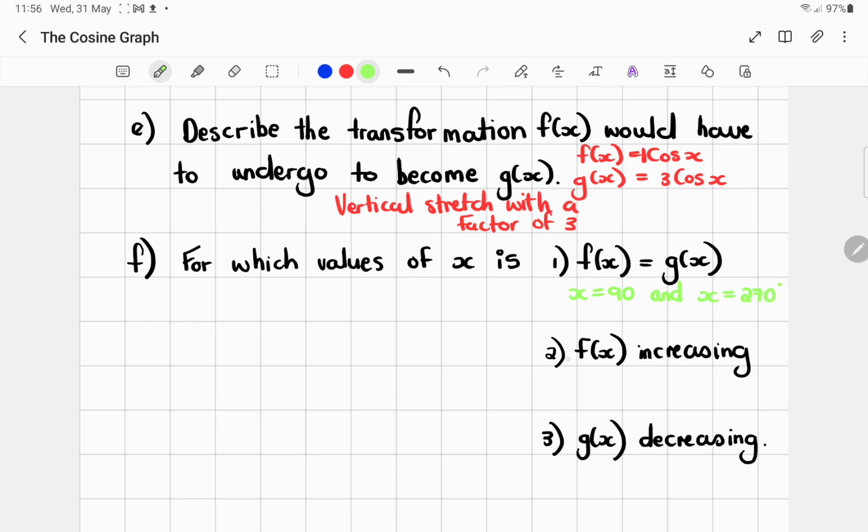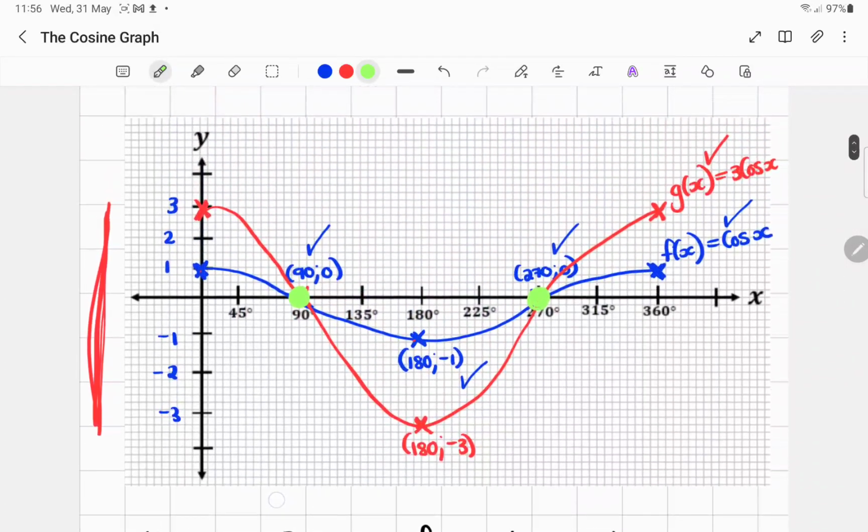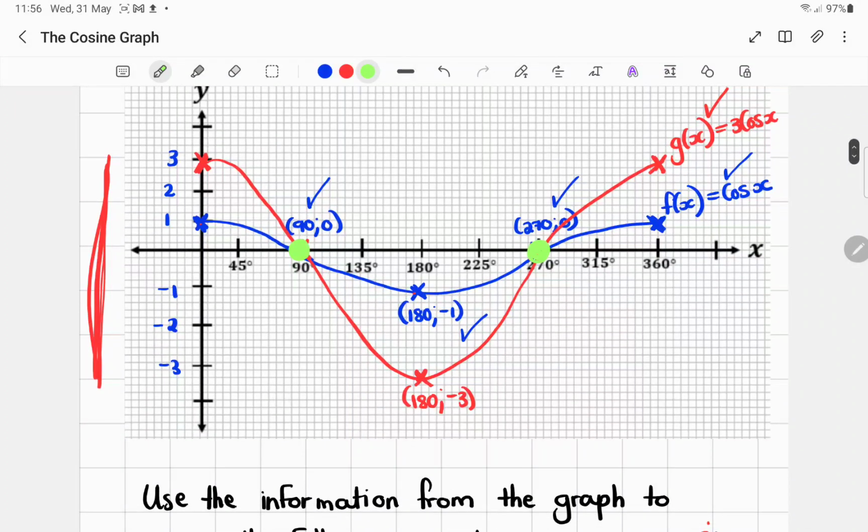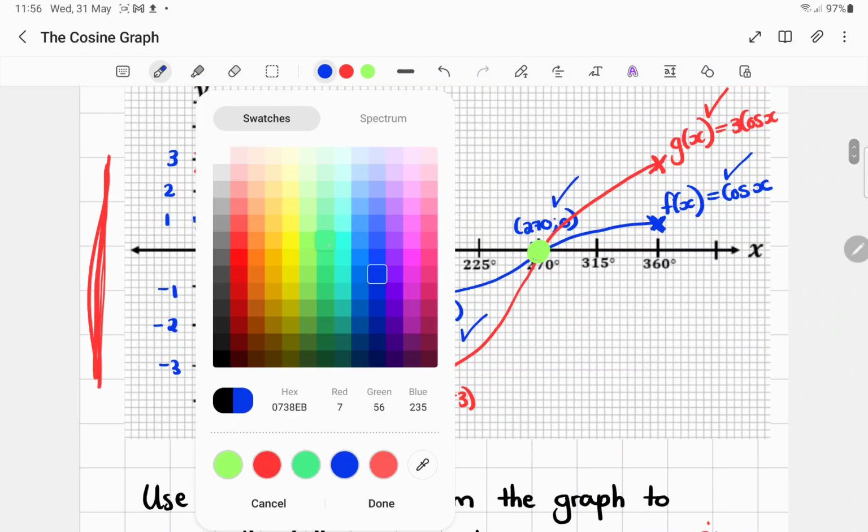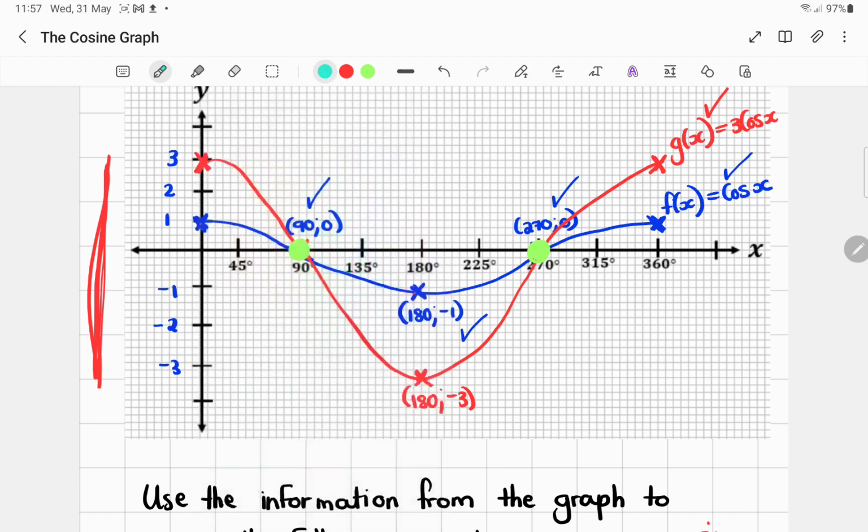Okay, now they ask you for which values of x. So very important, for which values of x is f of x increasing? So f of x is the blue graph. Where is it increasing? So can you see it's going to go down, down, down, down. Then at this point, it's going to stop. And then it's going to increase, increase, increase.